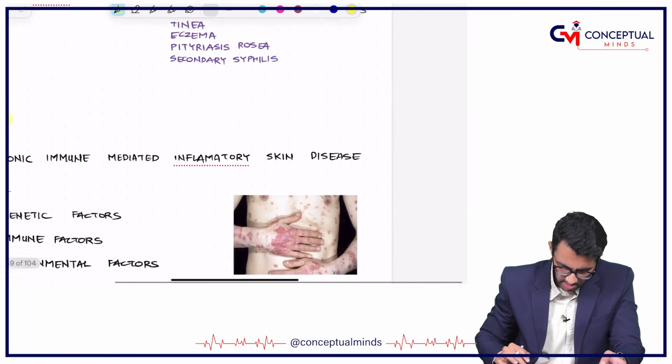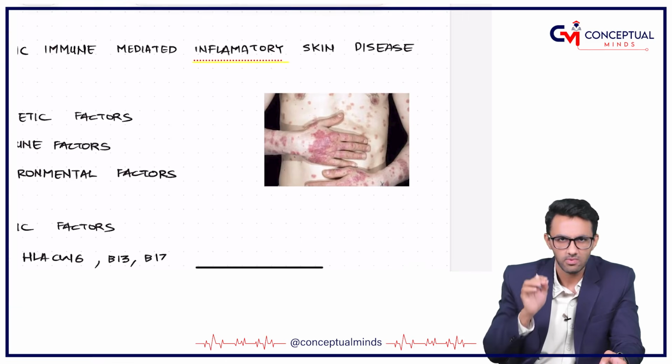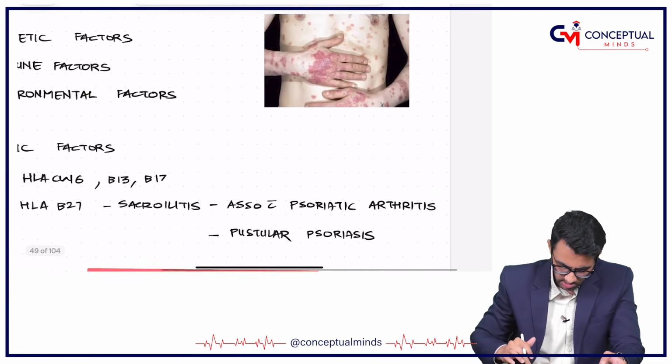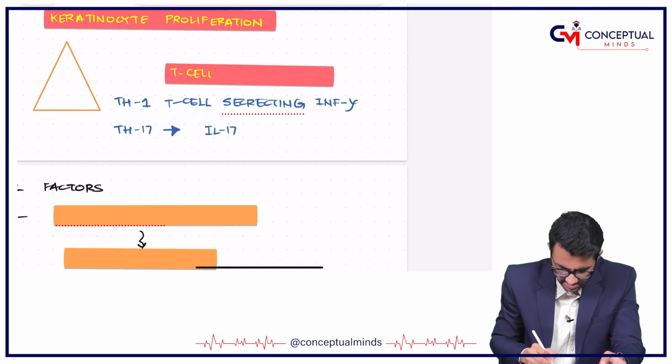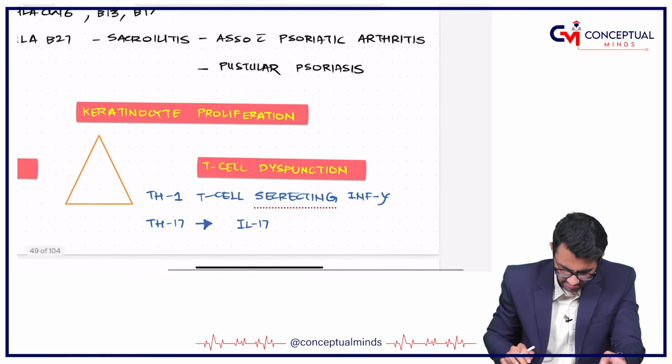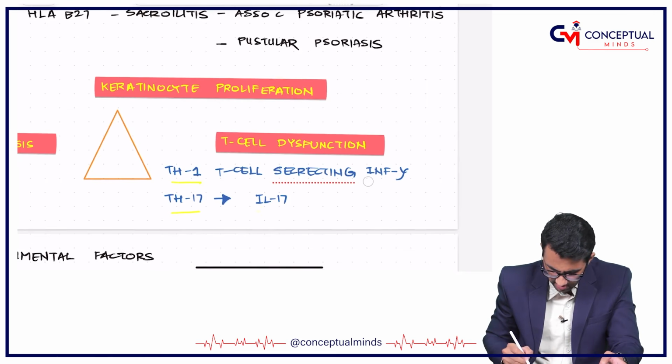The third point in our triangle. The reason I put so much stress on the word inflammation was because the third point of this triangle is T cell dysfunction. What is happening is that Th1 and Th17 are secreting interferon gamma and interleukin 17.